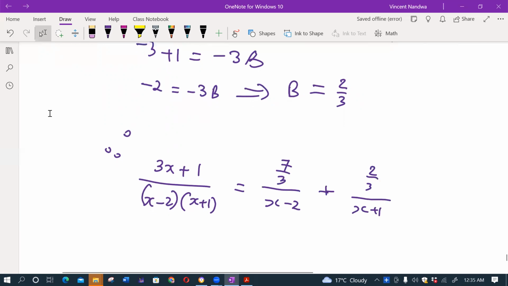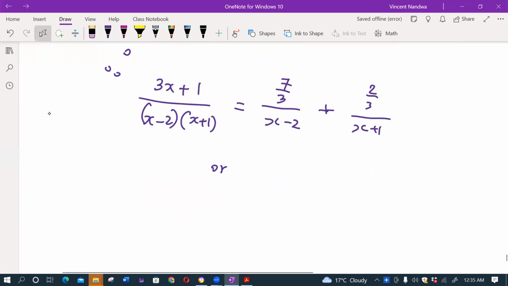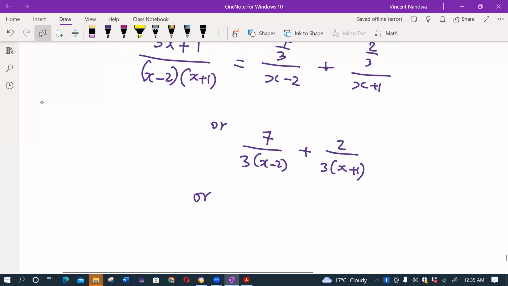Or you might write it as 7 over 3 into (x minus 2) plus 2 over 3 into (x plus 1). Or you might write it as a third into 7 over x minus 2 plus 2 over x plus 1.